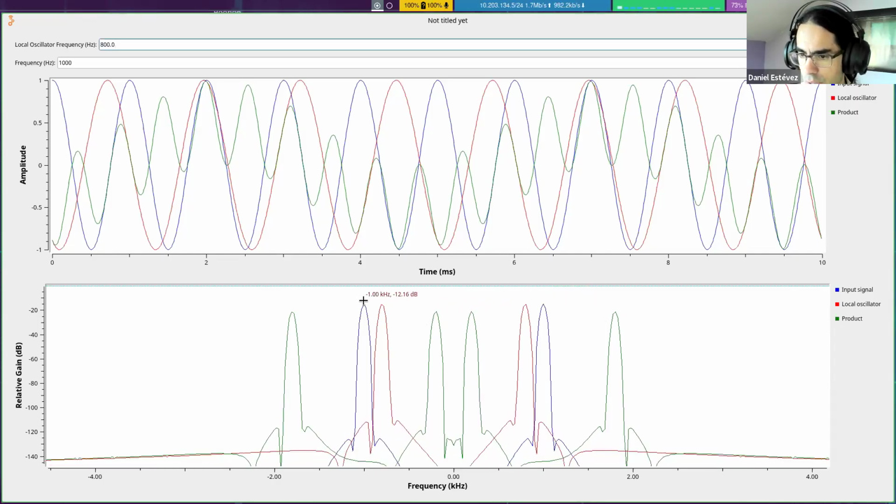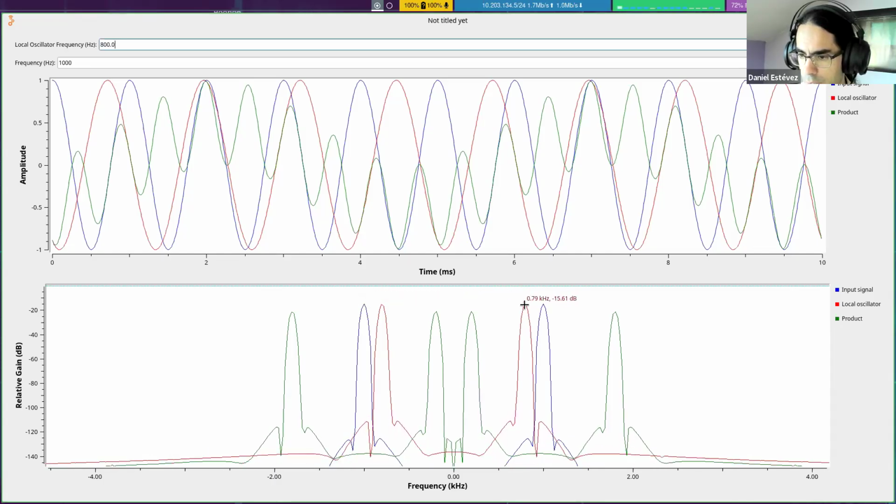And because there is also this blue signal here, when we shift it up, so to recap, we have these two blue signals, and when they are shifted up by 800 hertz, which is what this red signal does, we end up with this and this.